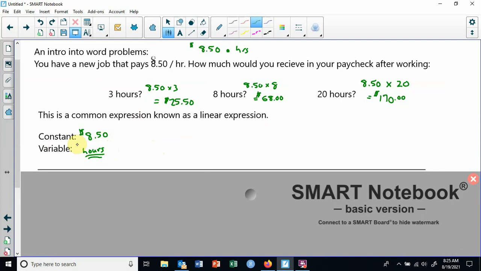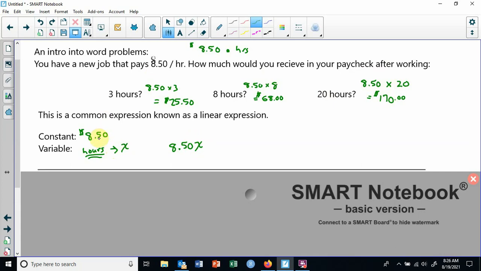All right? So whenever we have this relationship and it's per hour or something like this, let's use a variable to represent this varying amount. We could call it x. So then if I wanted to write an equation, I could call it 8.50 times x, because that's what we did: we did 8.50 times the number of hours to figure out how much you would get each time.